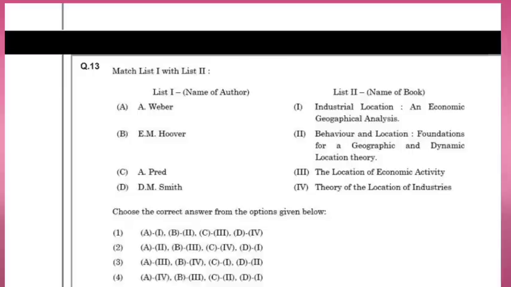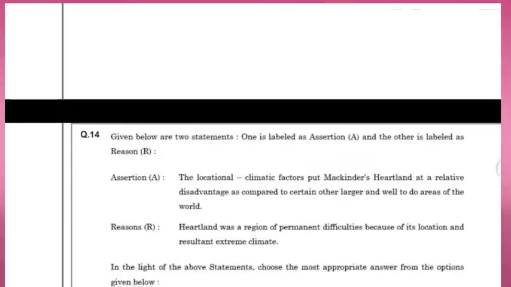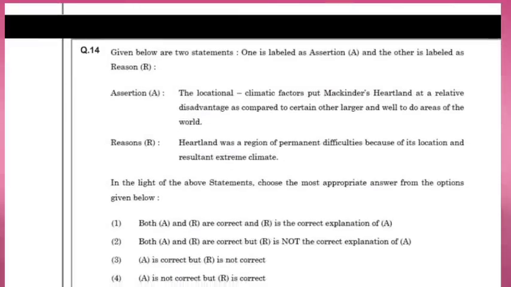And next question, given the assertion and reason. This type of question is very important for the exam. Assertion A: the location and climate factors put Mackinder's Heartland at a relative disadvantage compared to certain other larger and well-developed areas of the world.